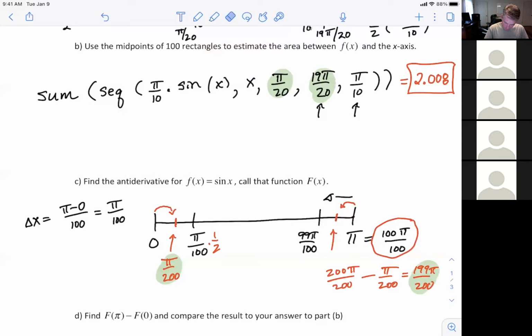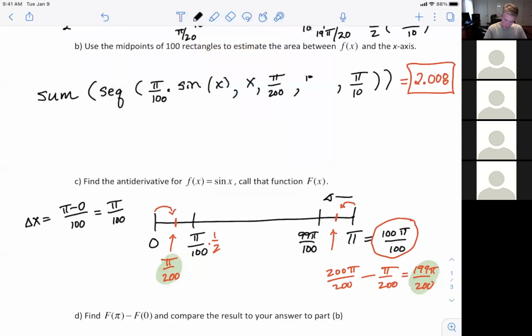So to save space, I'm just going to reuse this. So it's going to be the sum sequence, and then the delta x is now pi over 100. Start at pi over 200.